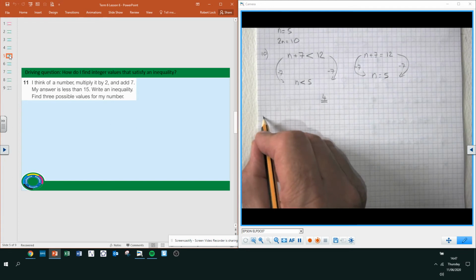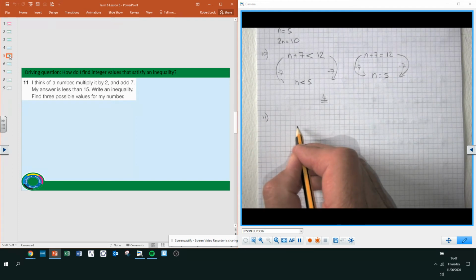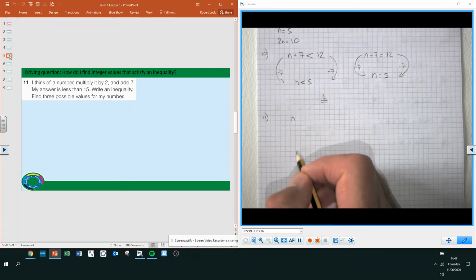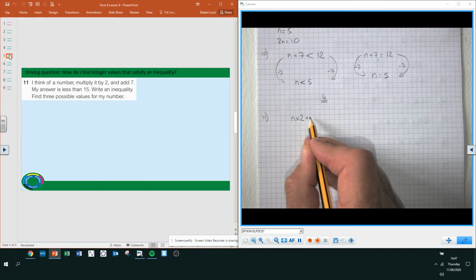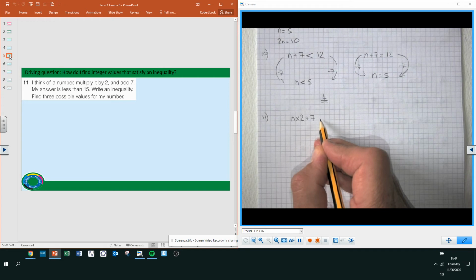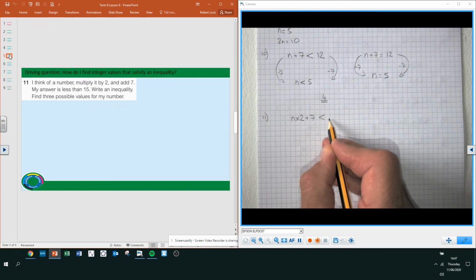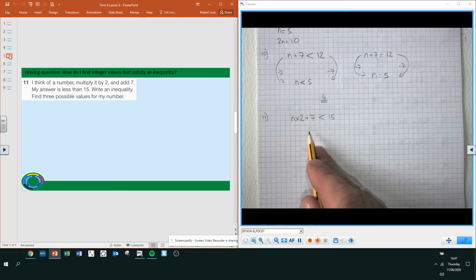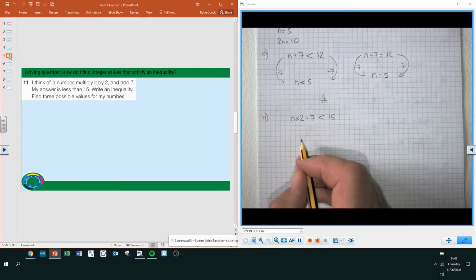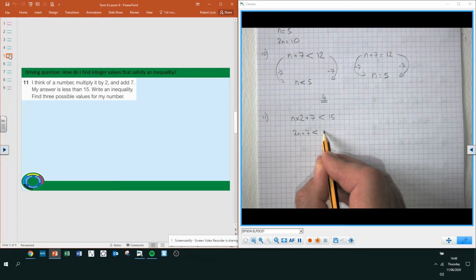So, question 11. I think of a number, n. I multiply it by 2 and add 7. My answer is less than 15. Right, let's rearrange this and simplify it into an inequality, or in algebra, n times 2 is 2n plus 7 is less than 15.